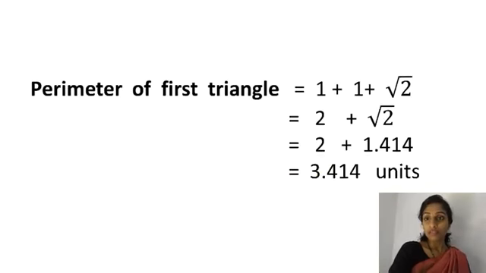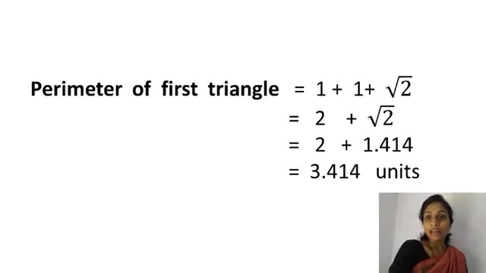The perimeter of the first triangle is equal to 1 plus 1 plus root 2, which is 2 plus root 2. And we have studied the value of root 2, right? So, substituting that value, we get 2 plus 1.414, which is equal to 3.414 units.